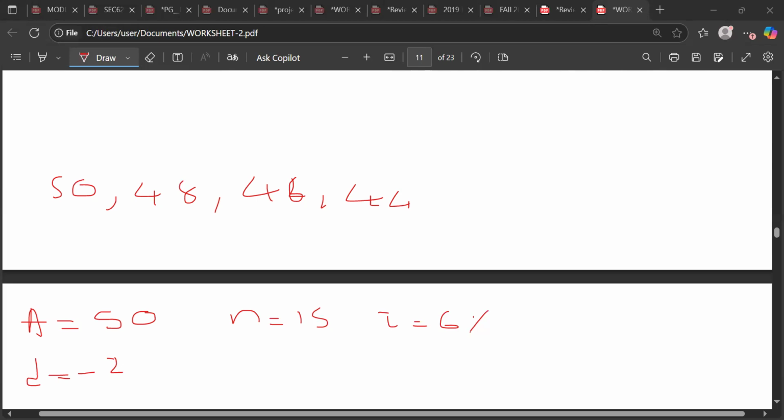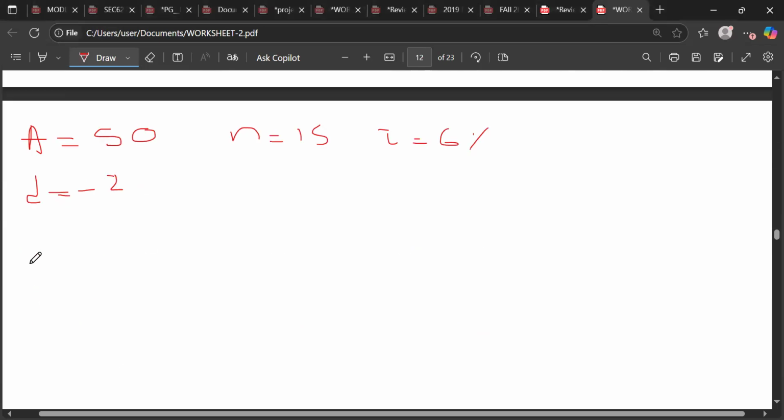So present value is equal to A times, I'll just write the entire thing here, trying to write this in a way that's easy to understand.